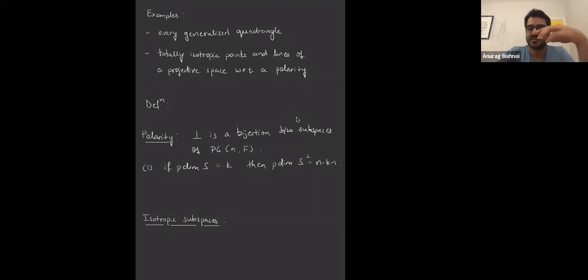So all the k-dimensional subspaces get mapped to all the n minus k minus 1 dimensional subspaces. And if you look at the vector space dimension, it is k plus 1, and the vector space dimension here is n minus k.